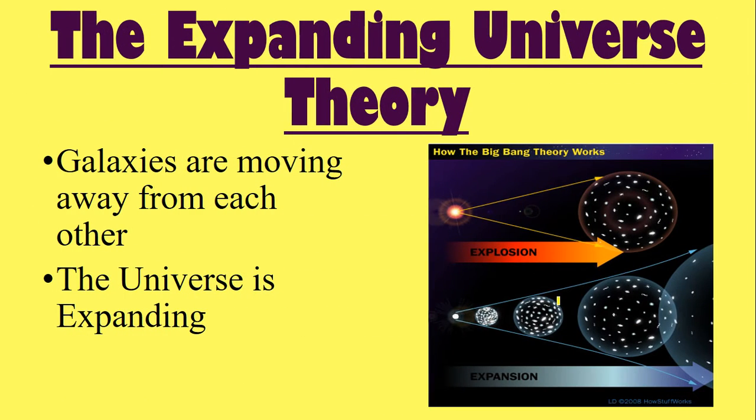Now, when we talk about the universe starting, we need to talk about something called the expanding universe theory. Like I said, when the Big Bang happened, an explosion and things started to move farther and farther apart. So the universe is constantly getting bigger and bigger and bigger as galaxies start moving away from each other. But some are moving at different speeds than others.